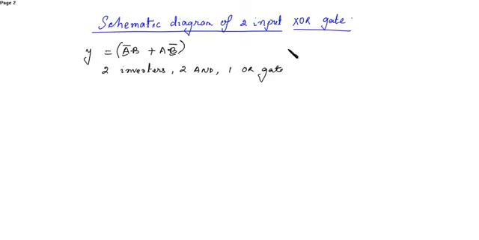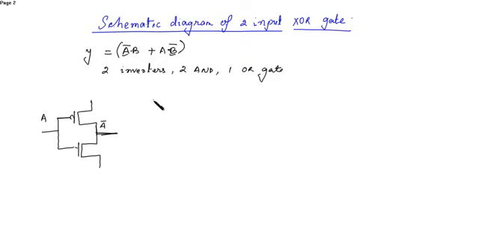So if I draw a schematic, it will be two inverters. This is one inverter, this is input A and the output is A bar.